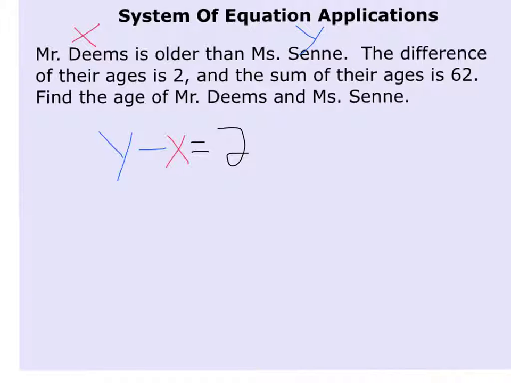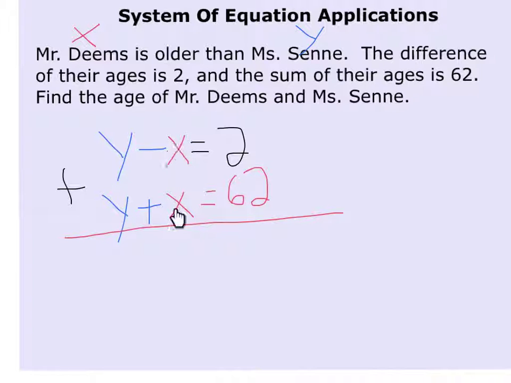Now the sum of their ages is 62. Well, sum means to add. So Y plus X equals 62. Well, if you look at these 2 equations that I set up, it's ready for elimination because these are opposite, so they're going to cancel.